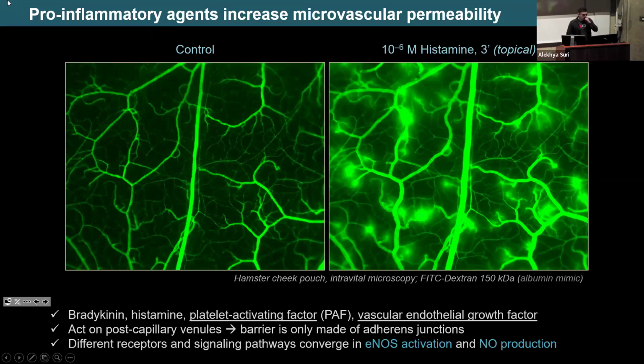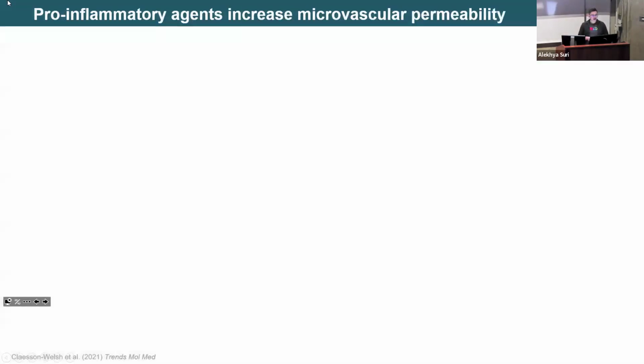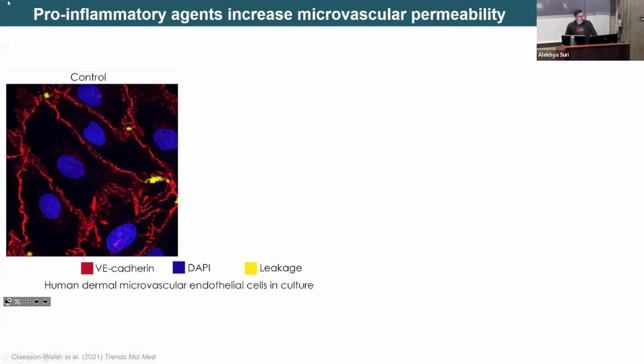All right. So now, bradykinin, histamine, the platelet activating factor, vascular endothelial growth factor, all of those have different receptors. But what they have in common is that all of them converge in activation of eNOS and nitric oxide production, right? So in this particular figure, what you have is endothelial cells in culture that have been stained to show vascular endothelial cadherin, right?